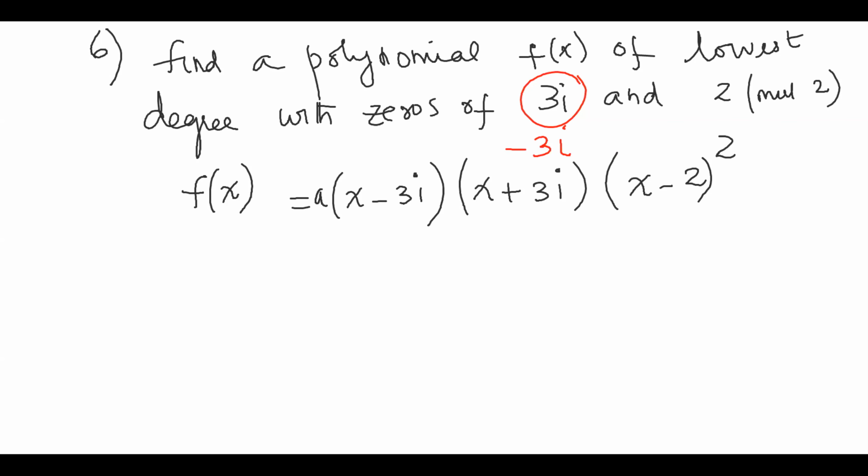So now you can multiply these two, so we get x squared, do the FOIL.